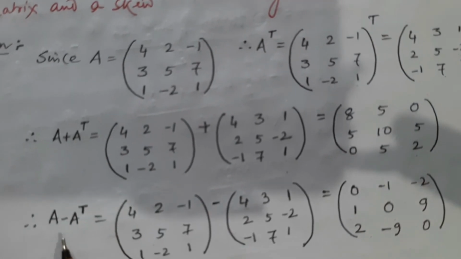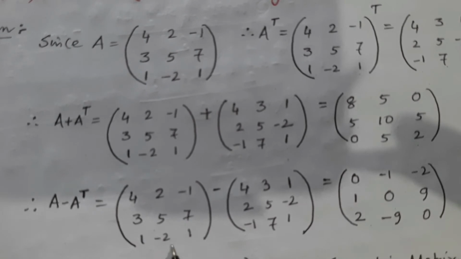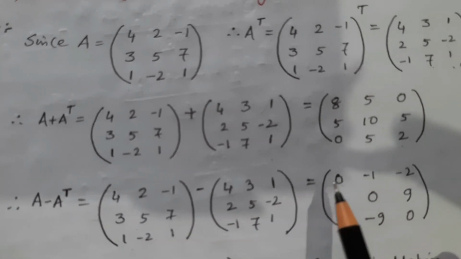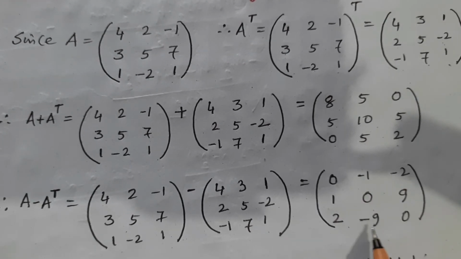Also we calculate A minus A transpose, that is A minus [4 3 1; 2 5 minus 2; minus 1 7 1]. Subtract this matrix from this matrix, we get [0 minus 1 minus 2; 1 0 9; 2 minus 9 0].